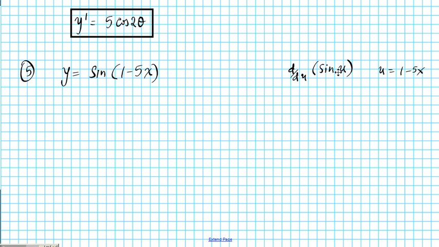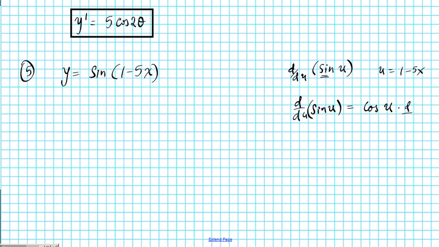When I'm done differentiating this outer function, which is sine, then I'll bother myself with the inner function. So what is the derivative of sine? The derivative of sine is cosine, so d/du of sine u is cosine u. All right. After we differentiate the outer function, we multiply it by the derivative of the inner function.